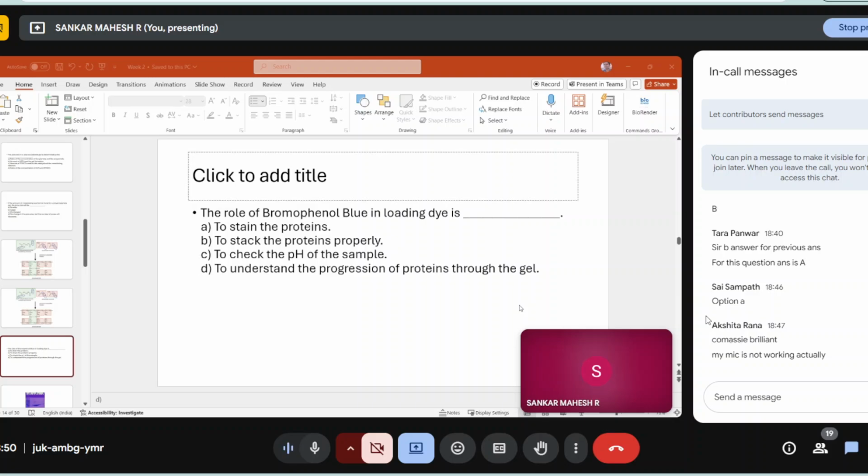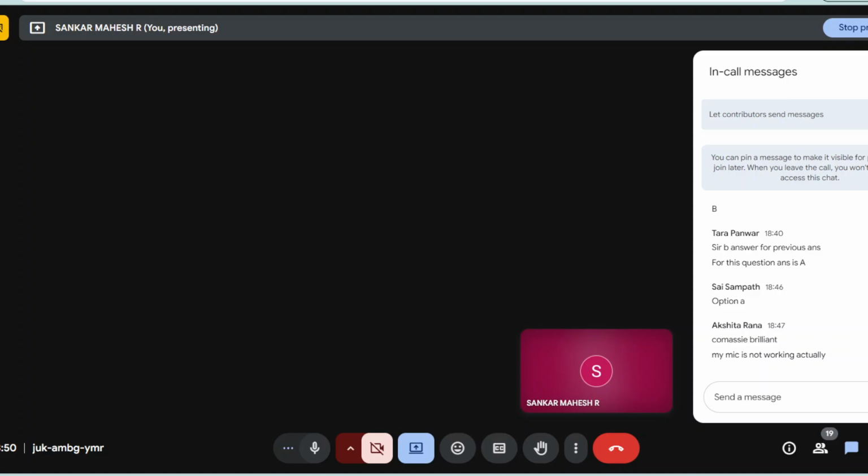This is the staining solution that is used, and once it is stained, it looks something like this. On the top here is my stacking gel. The bottom here is my resolving gel. These are different fractions. This is a protein marker of different molecular weights, and this is my protein of interest. Whatever was in the sample was a mixture of all of these, and I see that my protein is running at around 45 kilodalton here.